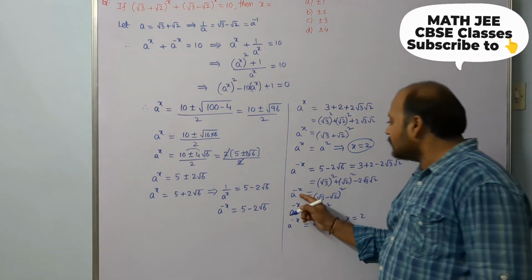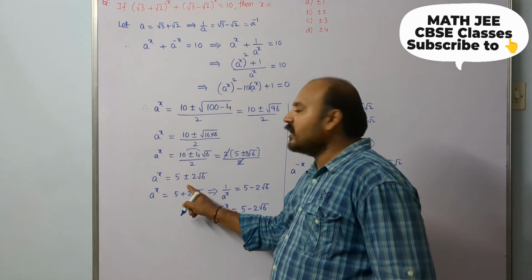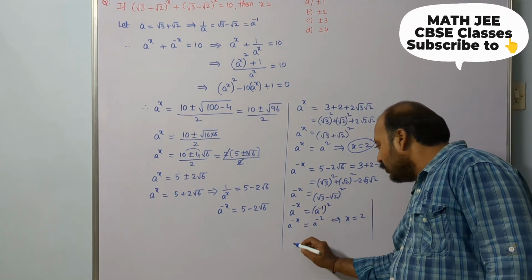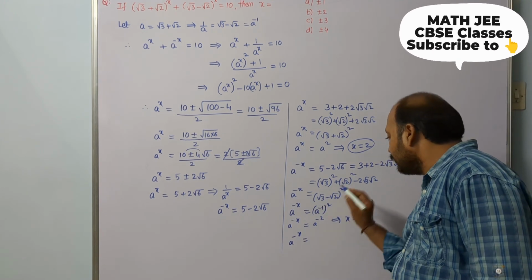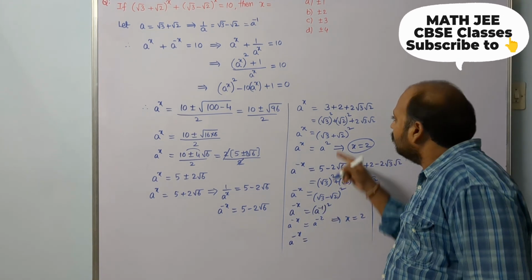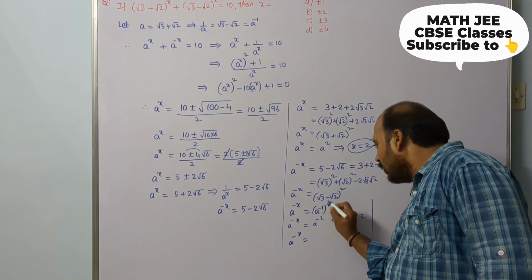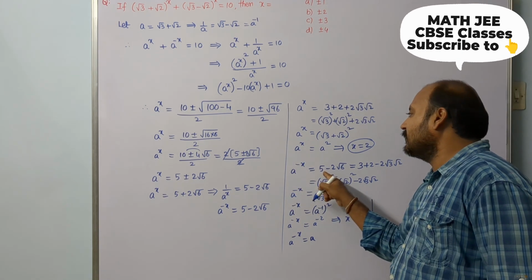Suppose a power minus x equal to, even these two cases we are getting now. If we take this value, a power minus x is equal to, here again you can write it as a power minus 2. Only if you take this value as a, according to this a power minus x.